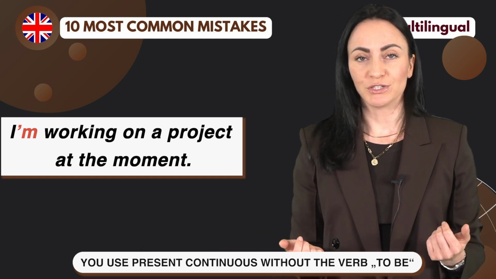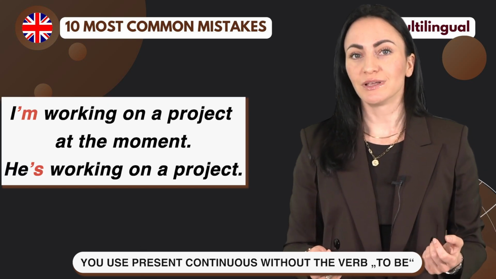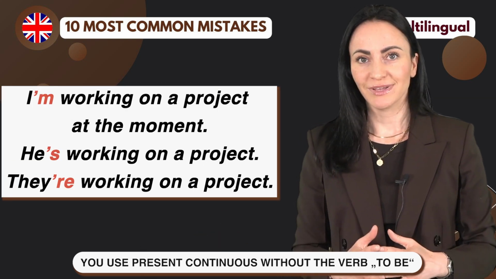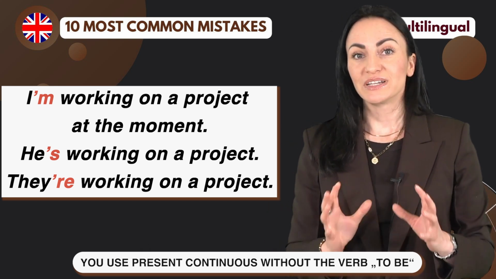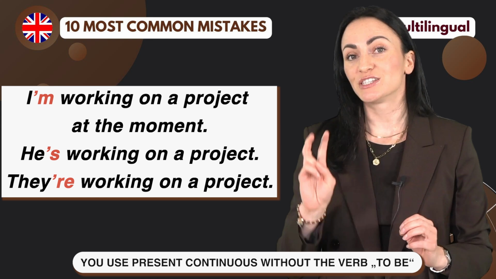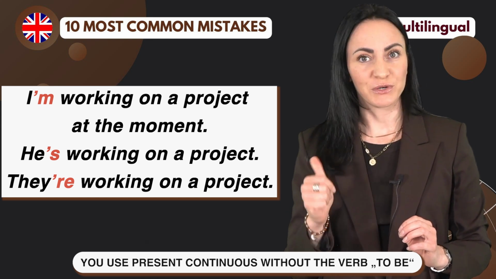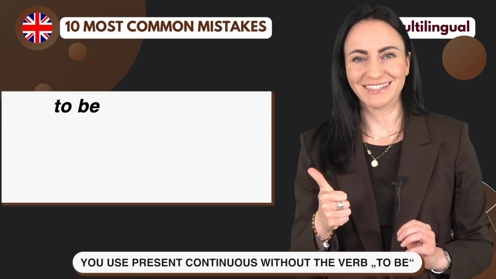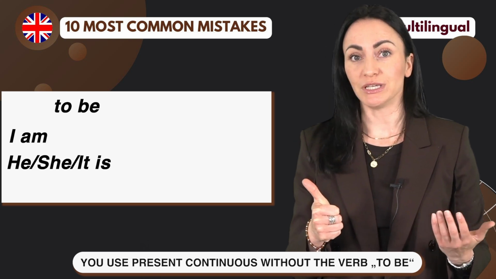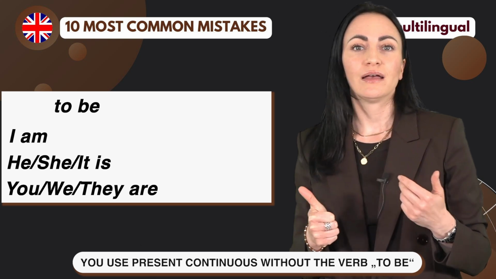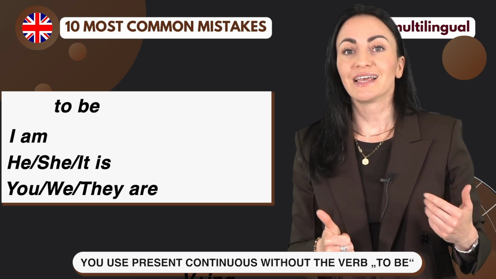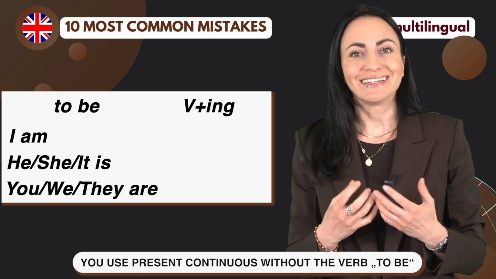I'm working on a project. He's working on a project. They are working on a project. Can you hear it? I always say the verb to be. Present continuous always consists of two verbs. The first one shows the present to be. I am, he, she, it is. You, we, they are. And the second main verb is ing, shows the continuous form.